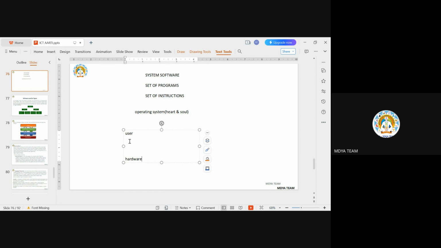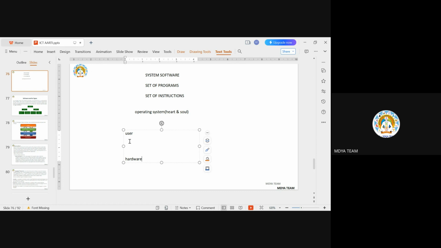I press Control plus P to give the print command, and the computer then gives the command to the printer to print that document.